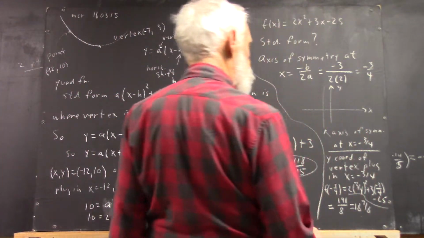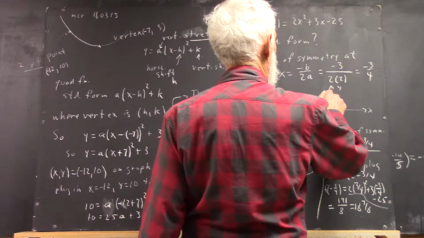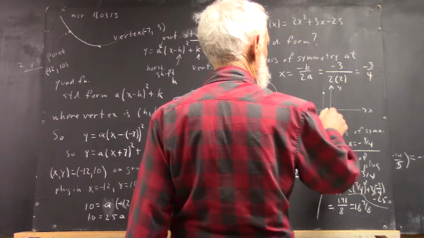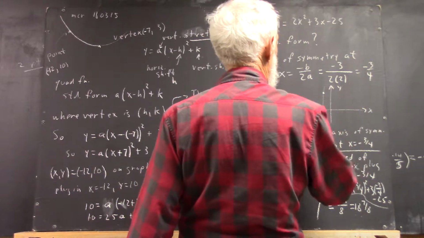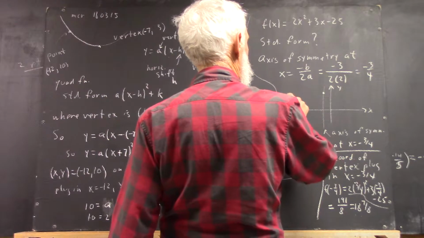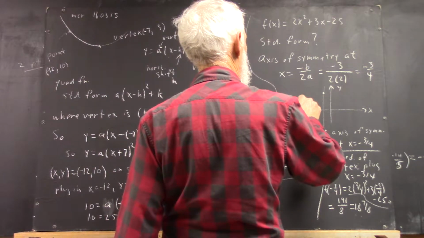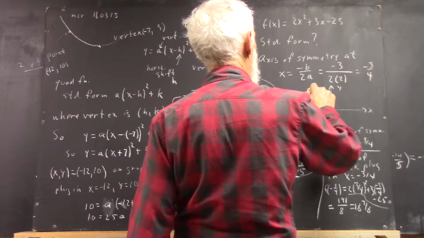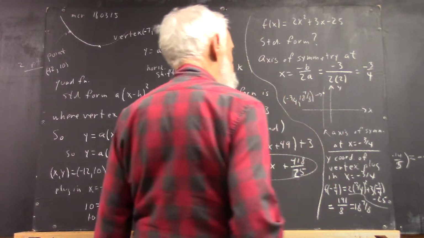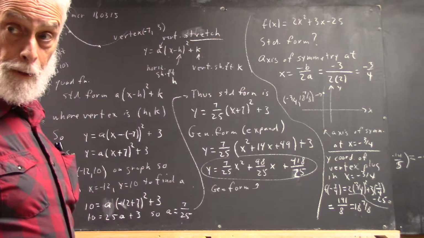So the vertex has y-coordinate 18 7/8, so, well, I don't have a very consistent scale. If this is 3/4, my y scale is going to have to be a lot different than my x scale, but we have then negative 3/4, 18 7/8.